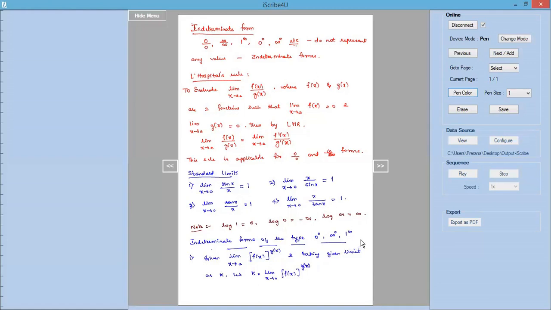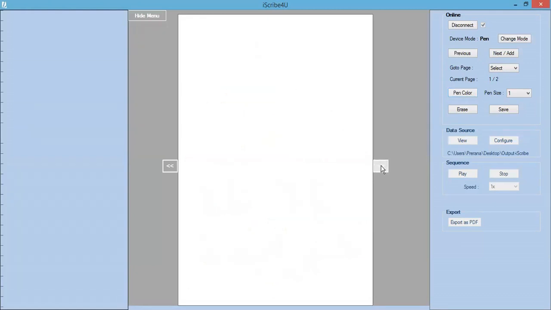So in step 2, we take logarithm on both sides and evaluate the given limit so that we can get rid of the power form of the given question. So step 2 would be taking log on both sides.